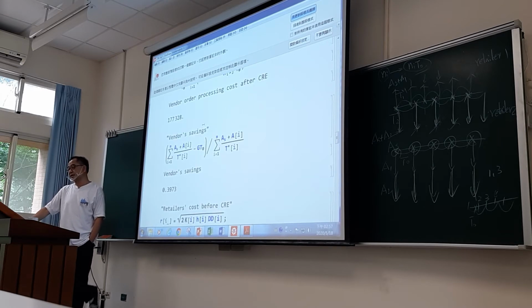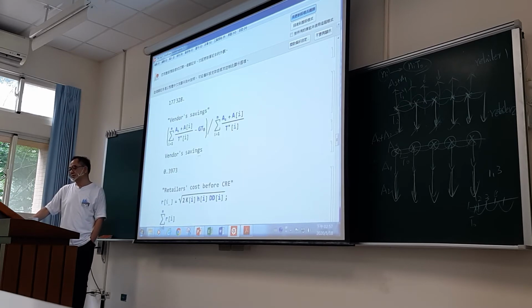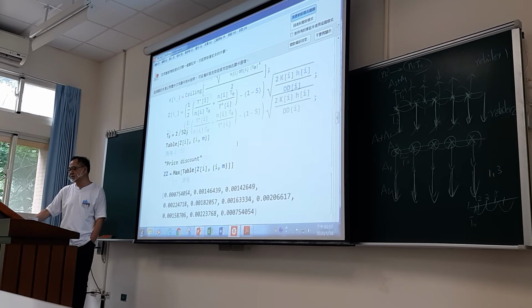I should pronounce it like 177,328. So the vendor saving is what? You see? There's a vendor saving. There's originally vendor's cost. This is the original one, difference between the original one and GT0. GT0 is here.